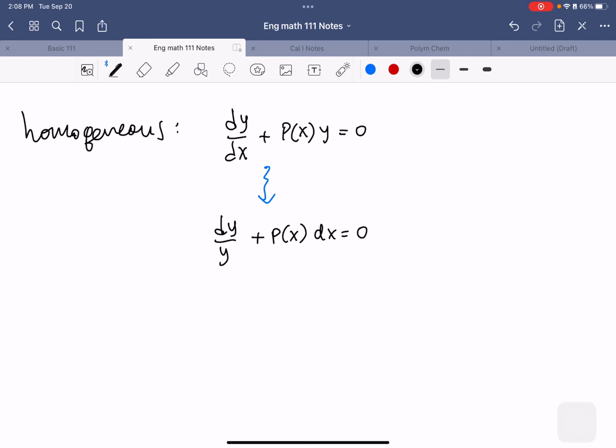Now, of course, if we want to integrate this, there will be some ln, and then we will have some e, the exponent, like in the previous examples.